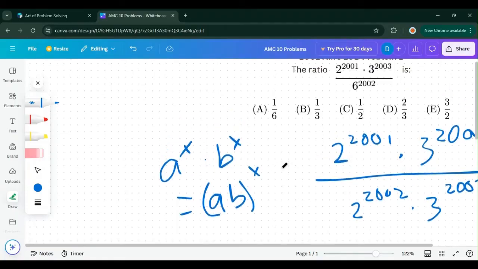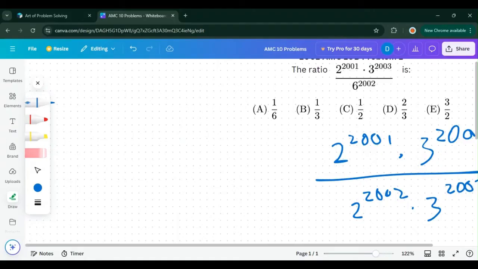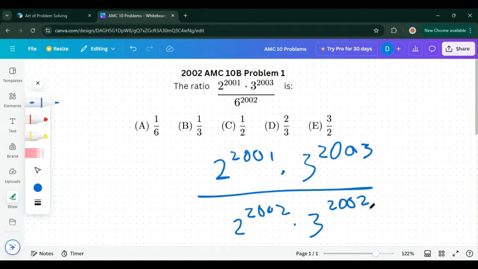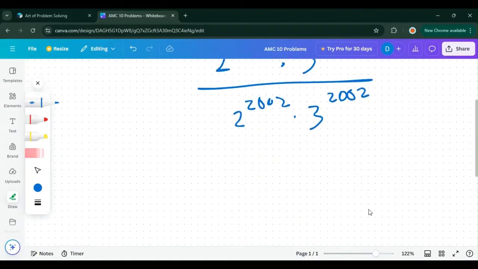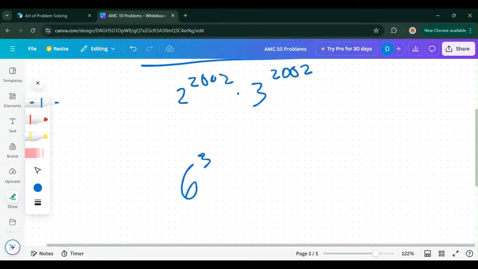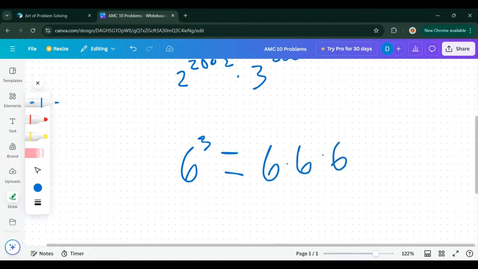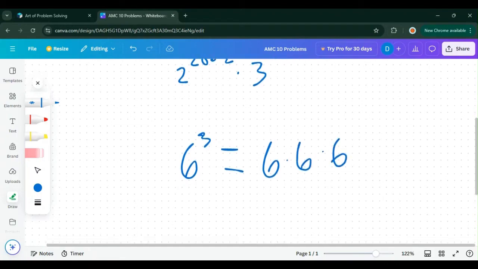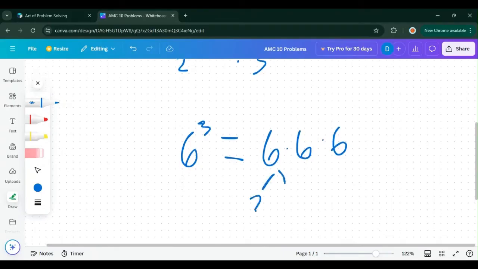And the reason this formula works in the case of this problem is because if we have 6 to the power of 2002, let's just say we have 6 to the power of 3 to make our lives much simpler. It's just 6 times 6 times 6, if we write it out. And each 6 has 2 times 3, and we have 3 of those.